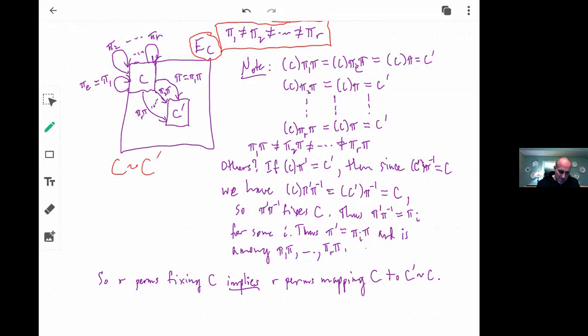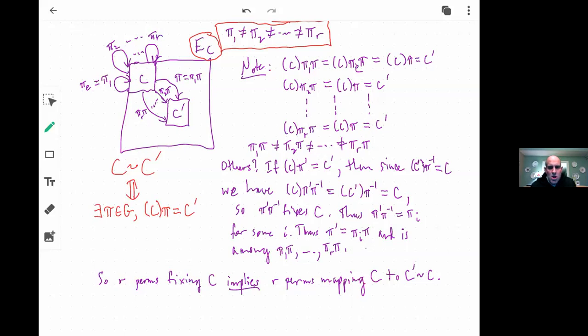So first of all, because C is equivalent to C prime, this is true if and only if there exists pi in G such that, if I apply pi to C, remember I have to do this weird thing where I apply it on the left, I get C prime. That is the definition of being in the same equivalence class. So I'm assuming existence of some permutation that moves me from C to C prime.